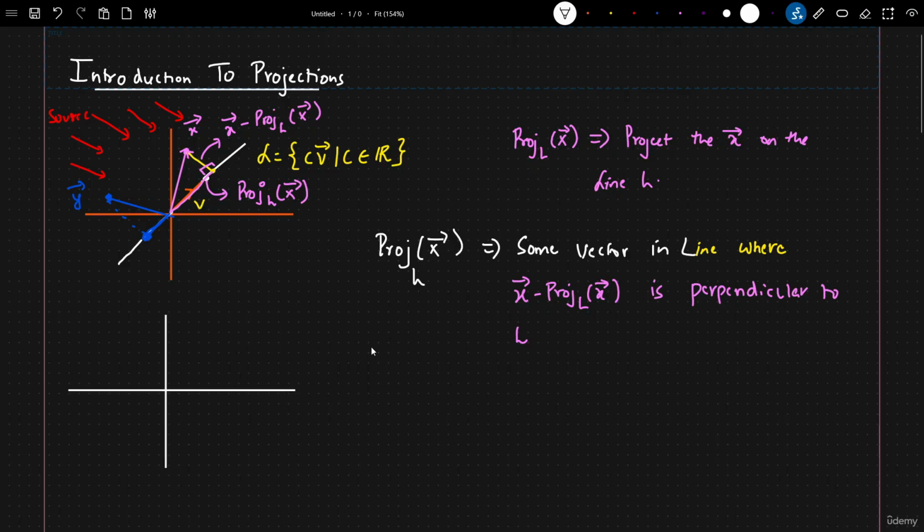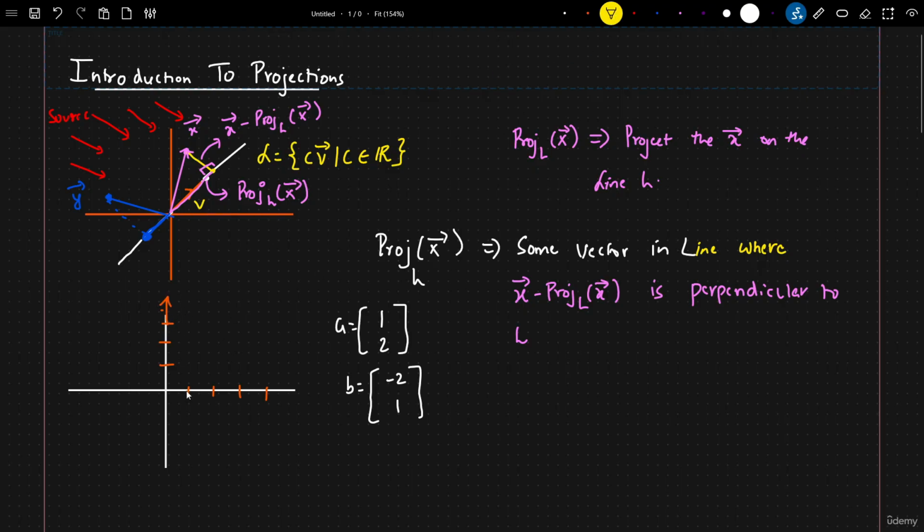Let's consider two vectors, a is 1, 2, and b is -2, 1. First, let's consider this is my a coordinate and this is my b coordinate. I'm going to go ahead and plot this.